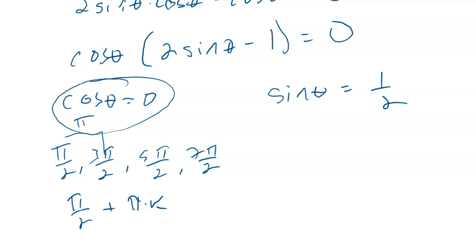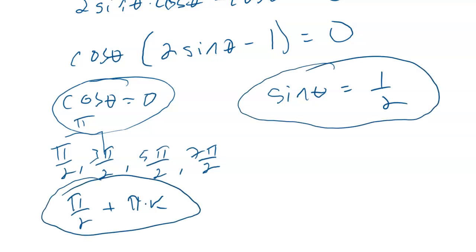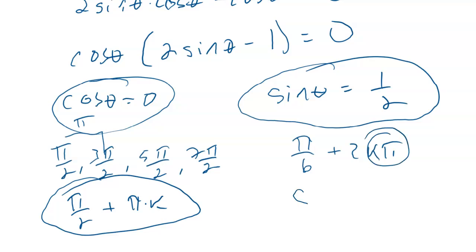Yep, perfect. And then what is sine 1/2? Sine is 1/2 in the first quadrant, so that'll be pi over 6 plus 2k pi. Man, I'm very inconsistent with that. And that will also happen in the second quadrant, which is 5 pi over 6 plus 2 pi k. All right, I got a couple more here.